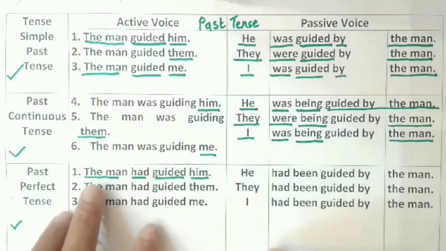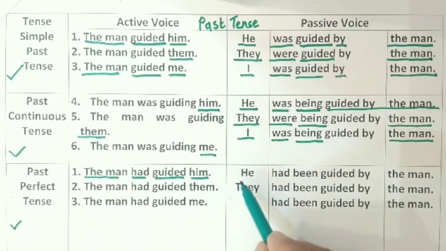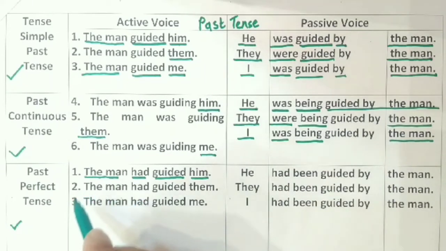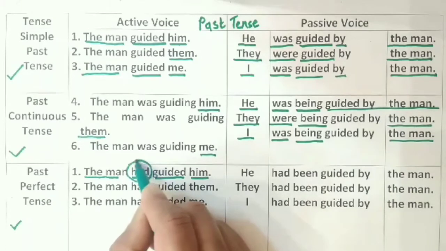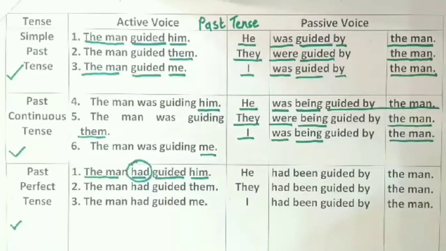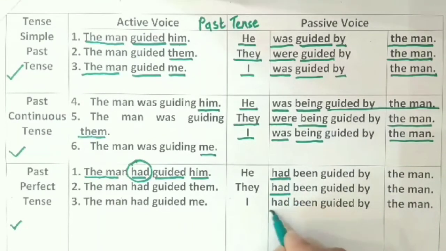So when we transform the sentence from the past perfect tense, we have to make changes as above, but in past perfect tense we use the helping verb had, and whether the subject or object is singular or plural, we have to maintain the same helping verb.